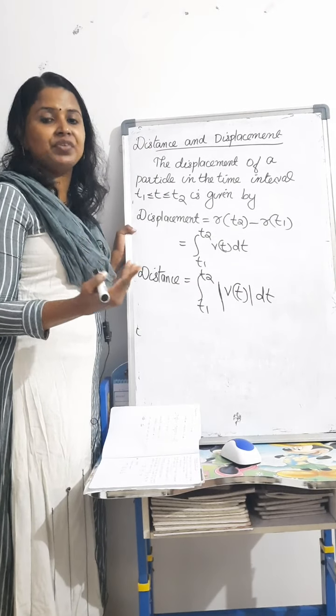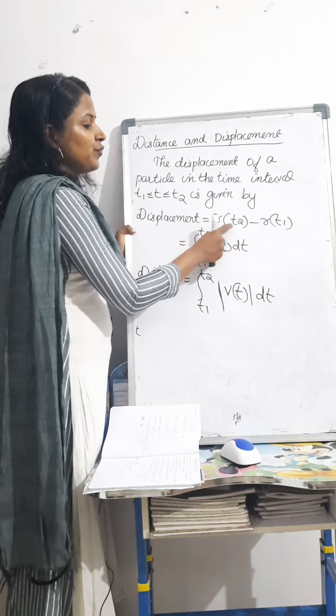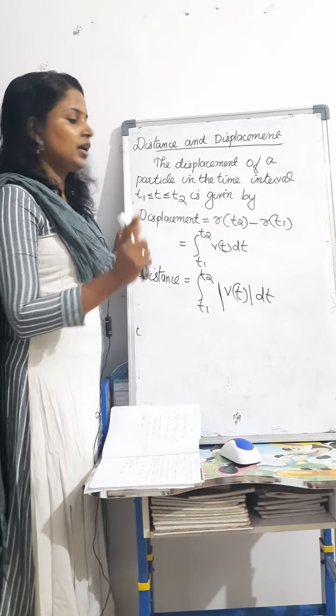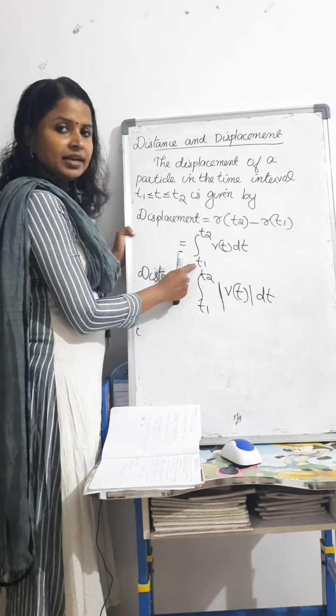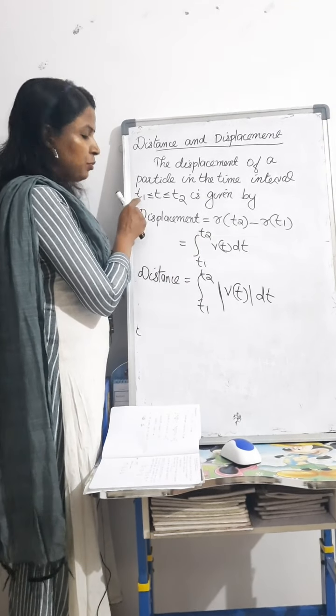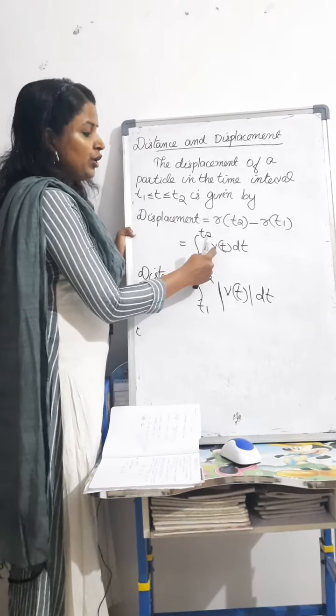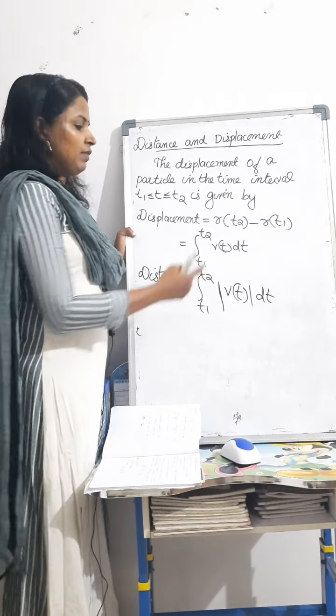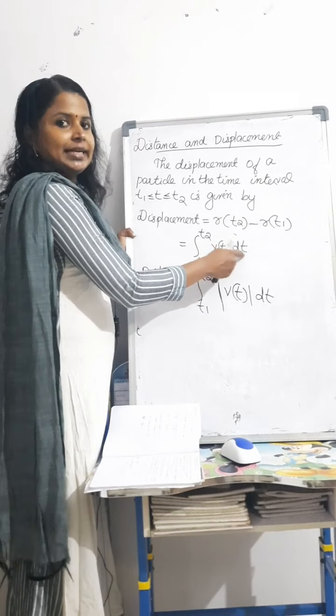Another formula is the integral from t1 to t2 of v of t dt, where v of t is the velocity.